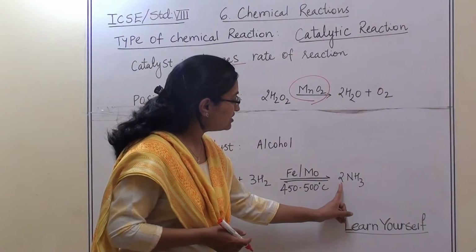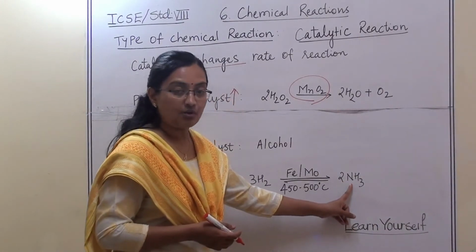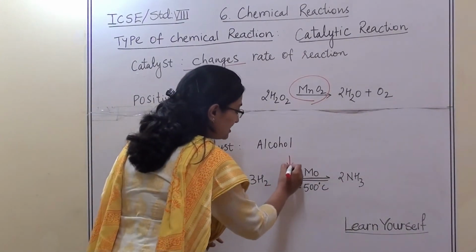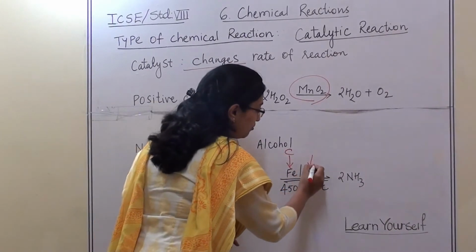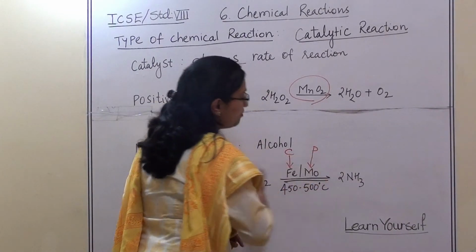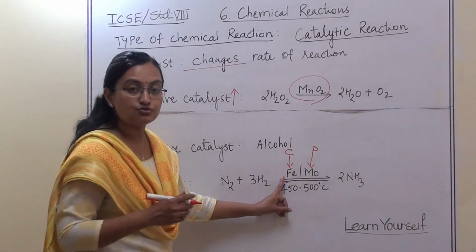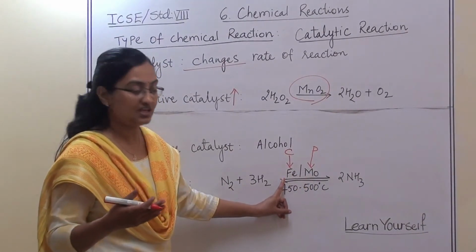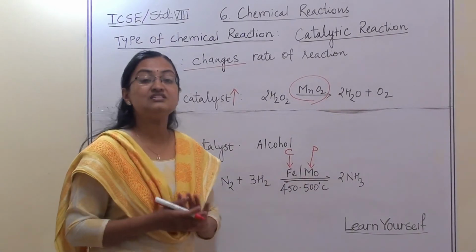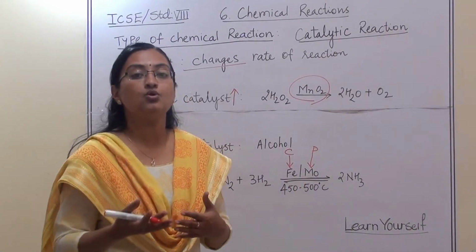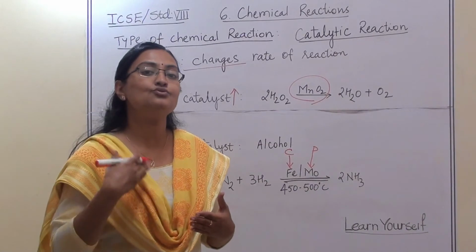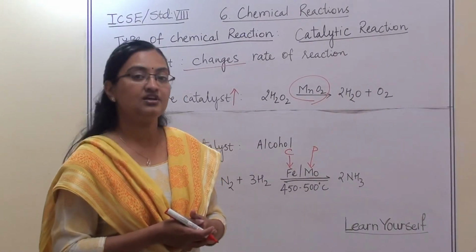We will get 2 molecules of ammonia. Here Fe is the catalyst and molybdenum is the promoter. So molybdenum will help iron to increase the rate of reaction. Molybdenum is not a catalyst, it is a promoter which helps the catalyst to increase the speed of reaction.